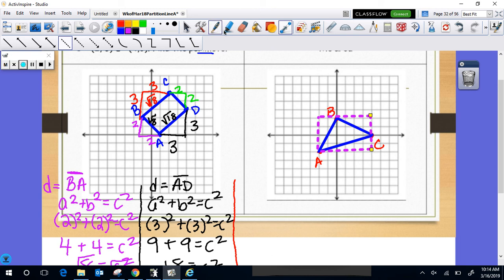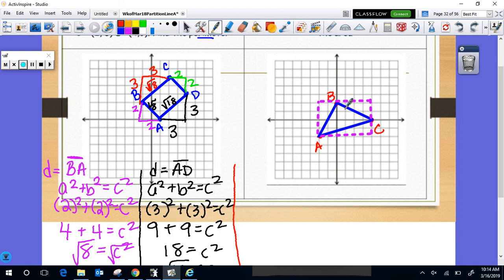And now what you notice is that I can easily find the area of this dotted box around the triangle. So what I'm going to do is the area of a rectangle. The area of a rectangle is length times width, or you might have seen base times height. Both of them are the same.